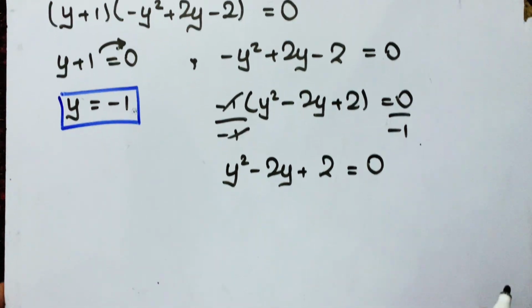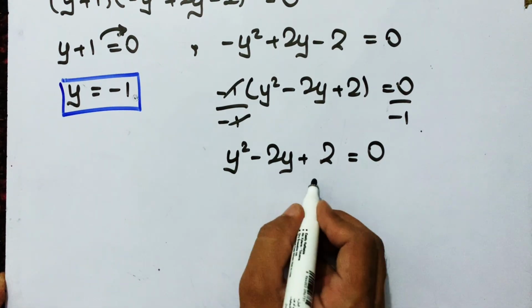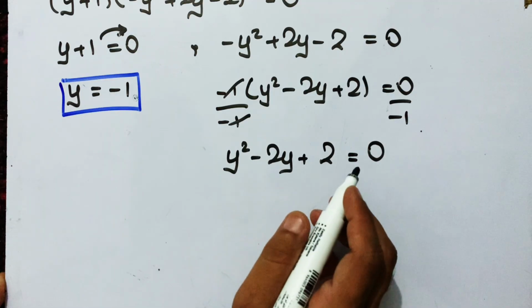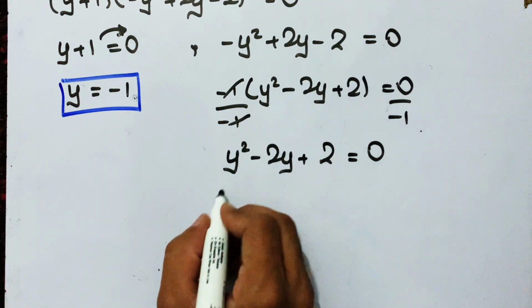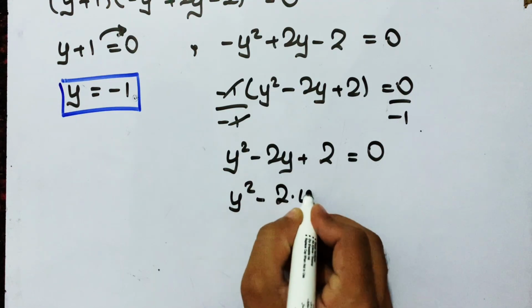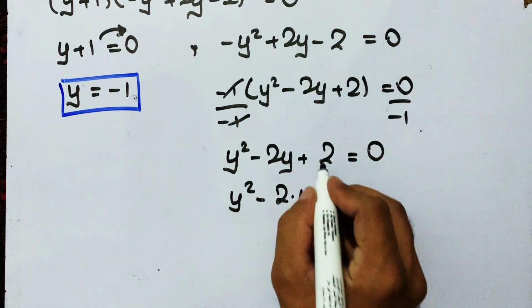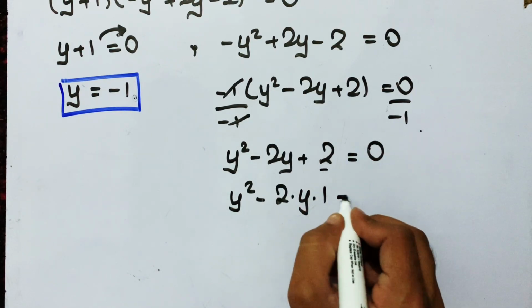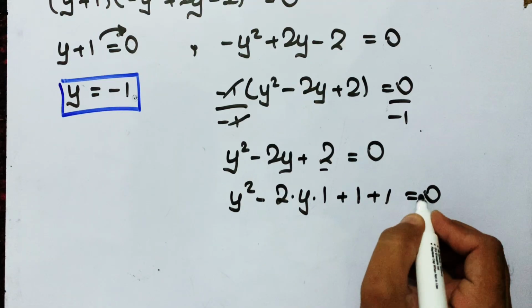This is a quadratic equation, and I am using the completing the square method. So y square minus 2 into y into 1 plus 1 plus 1 is equal to 0.